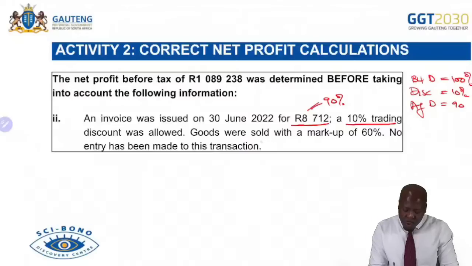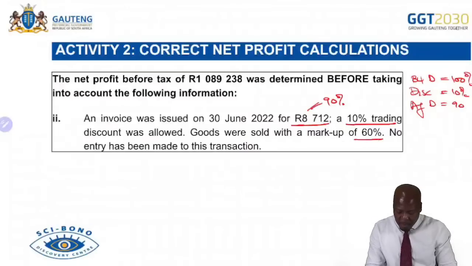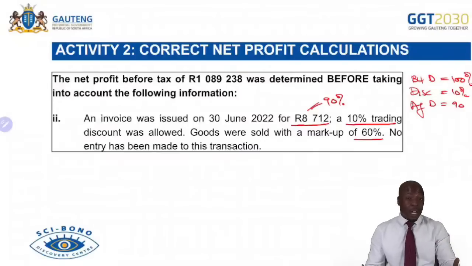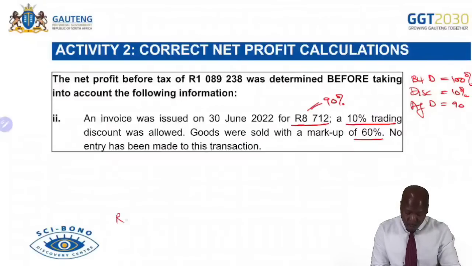Let's go in here. Now, goods were sold with a markup of 60%. No interest been made of this transaction. So we need to record this transaction. Now, what we know is we have sold goods and we have received, okay, it's an invoice.